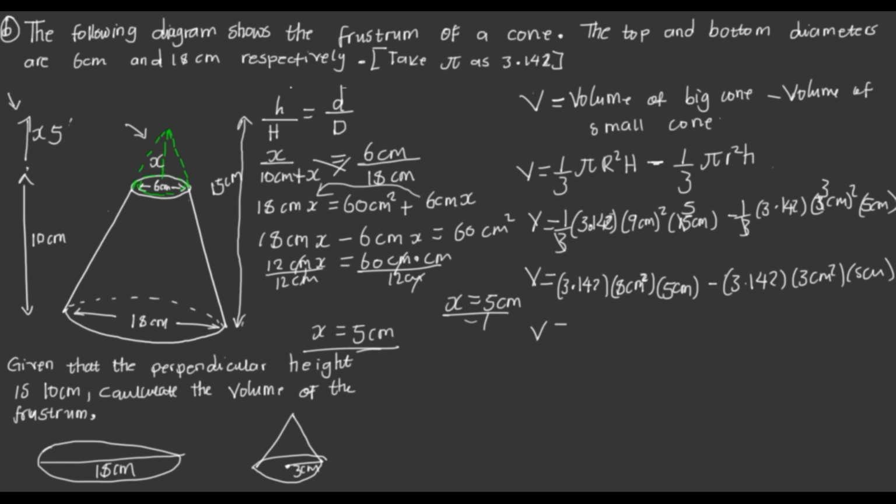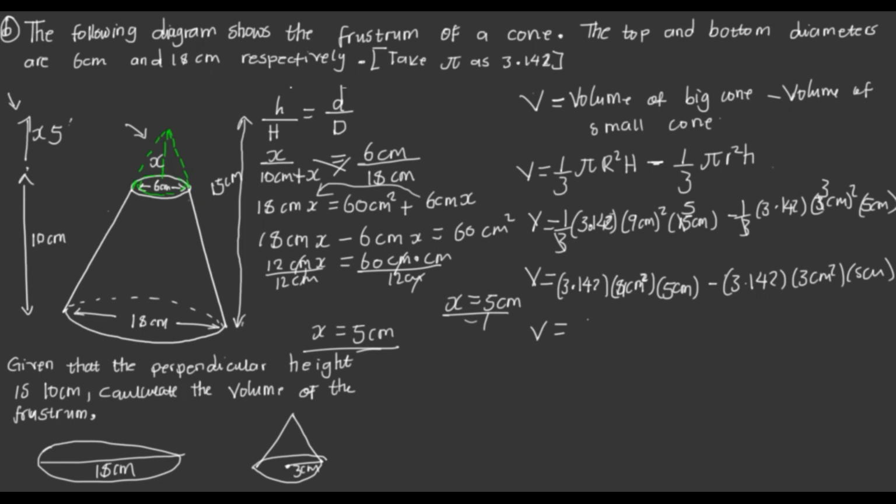So we can say volume is equal to, now we use calculator, so we have 3.142 times 81 times 5.